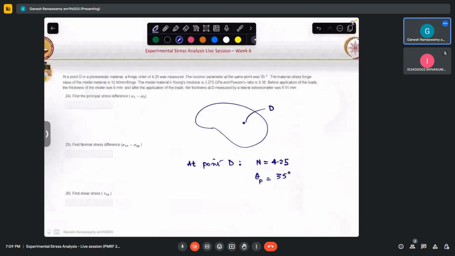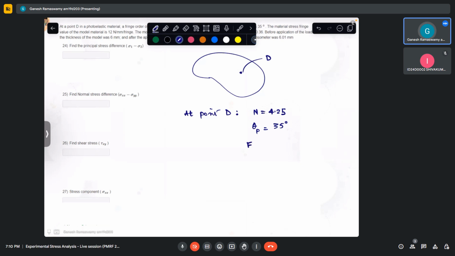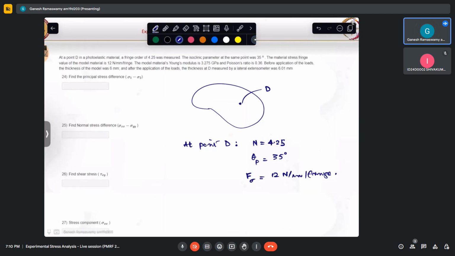The material stress fringe value of the model material is 12 Newton per mm per fringe. So the material stress fringe value is given by F sigma, which is 12 Newton per mm per fringe. So from this also we can assess that actually the material is epoxy, because for epoxy only we have F sigma around 12.